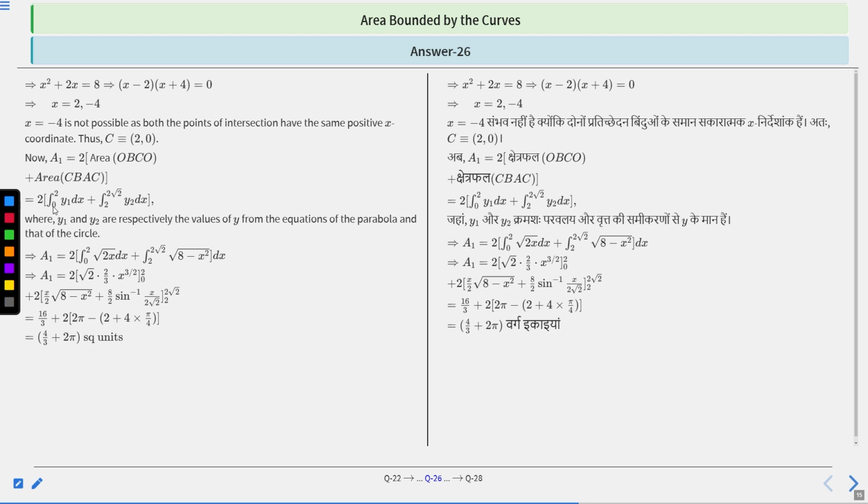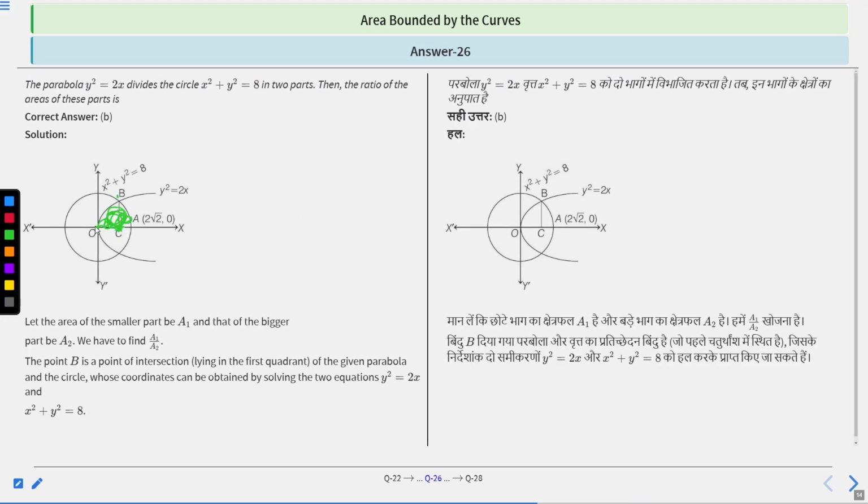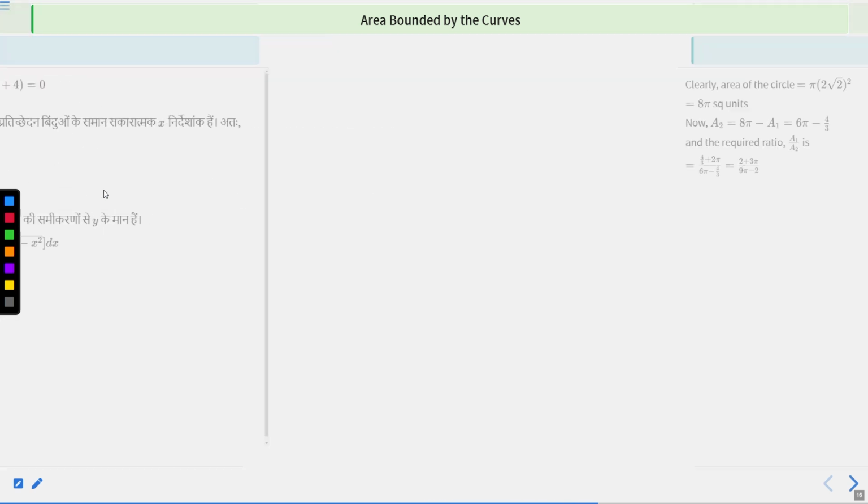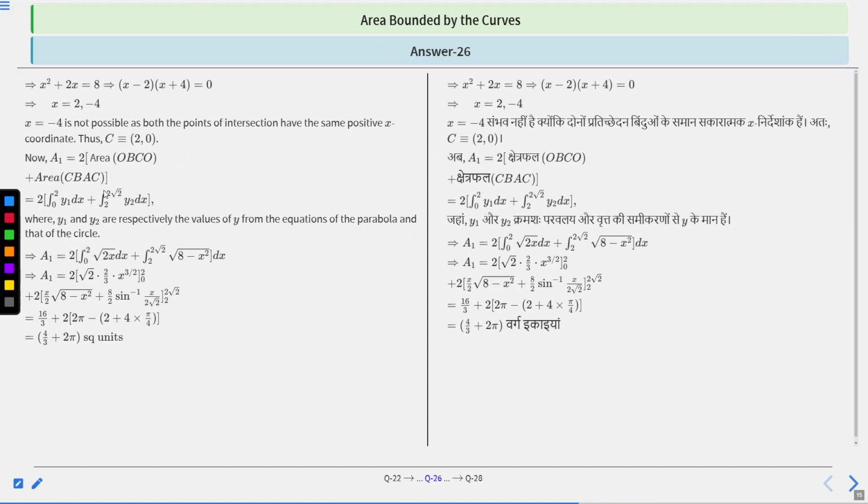It is 2 times the integration from 0 to 2 of y1 dx plus the integration from 2 to 2 root 2 of y2 dx. First we integrate from 0 to 2, then from 2 to 2 root 2, where y1 and y2 are respectively the values of y from the equations of the parabola and the circle.